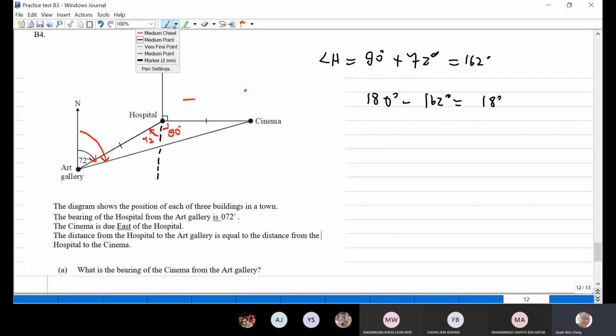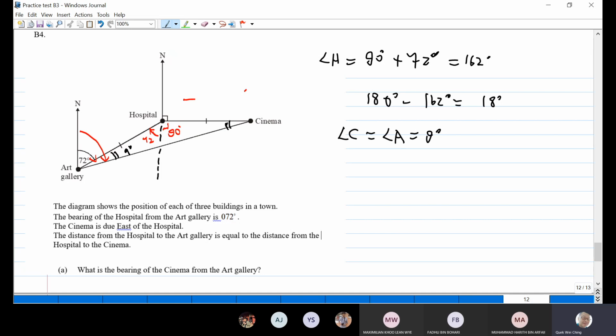This angle will be the same, because this angle and this angle are the same. So the angle at cinema and the angle at art gallery are actually 9 degrees, because the remaining 18 degrees divided by 2, we get 9 degrees.